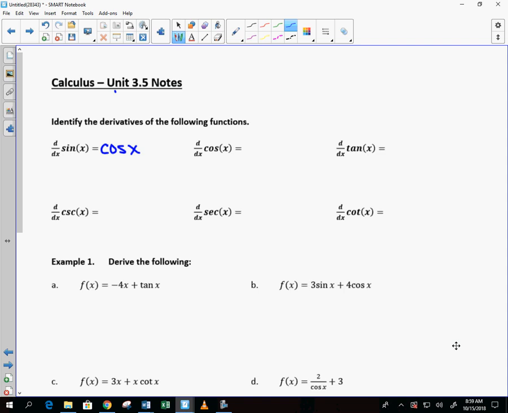Which would you rather do? Okay. Yep, we're going to skip that. The derivative of cosine of x is negative sine of x. The derivative of tangent of x is secant squared of x.